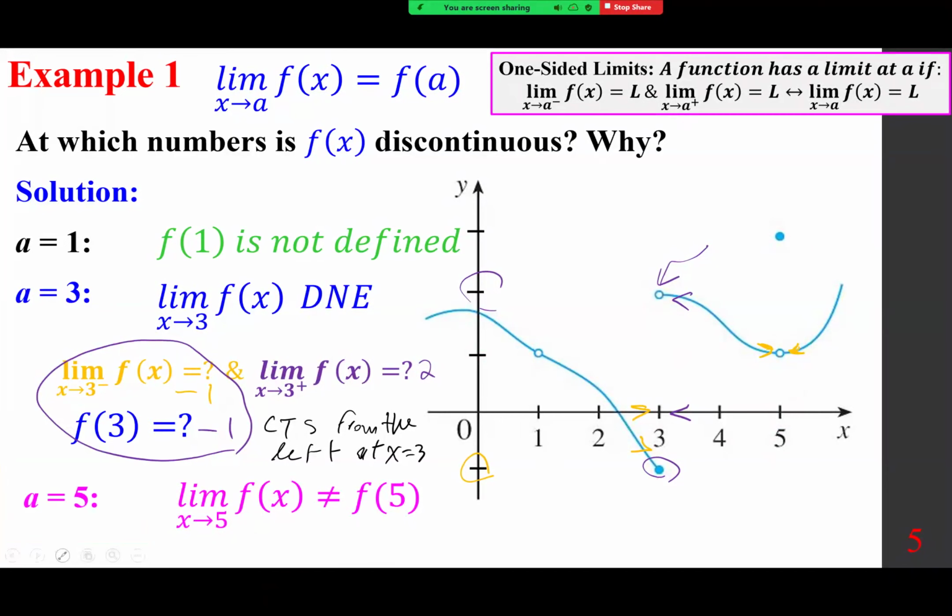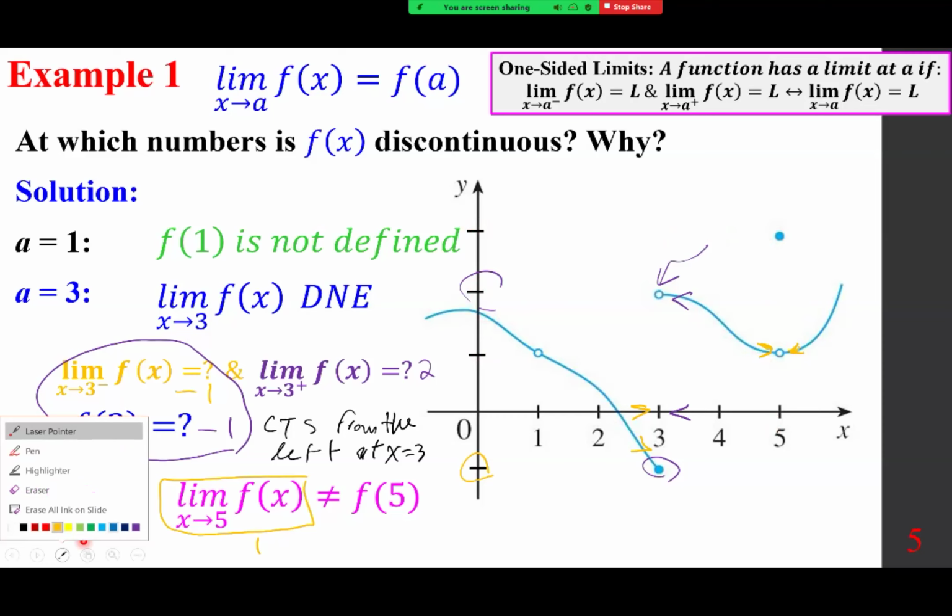This seems to be 1. But f of 5, the solid point, 1, 2, 3, seems to have a value 3. So this is equal to 3. They are not the same. So again, I want to make sure that we can read the graph easily.